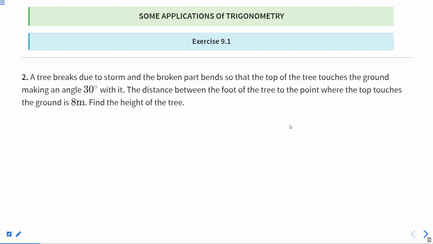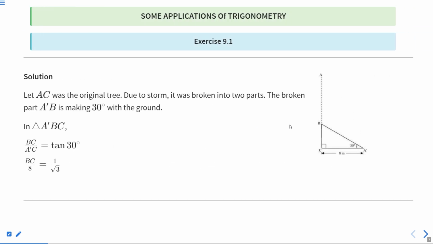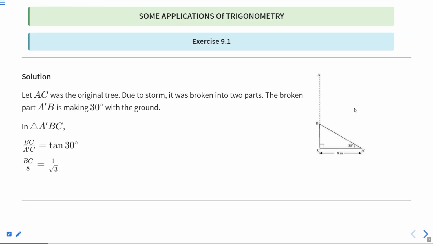So let us solve it. You can see this diagram. In this diagram we have this tree. AC is the tree when it was unbroken.